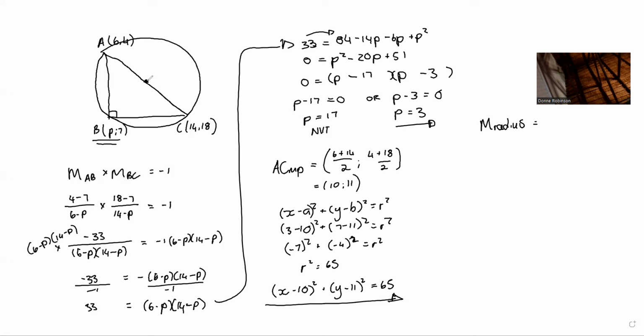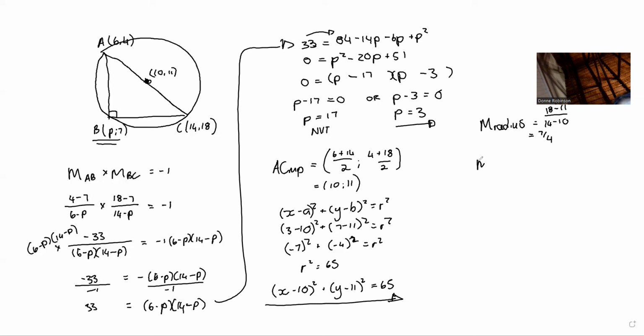So remember, we now know what that point is. So I'm going to just write it in so we can remember it. It's 10, 11. Okay. So the change in y is 18 minus 11 over 14 minus 10. And that's going to give us 7 over 4.